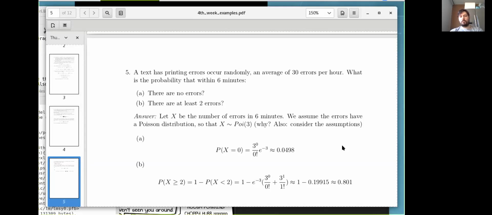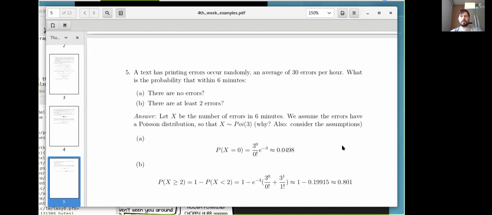3 to the 0 over 0 factorial, that would be 1, plus 3 to the 1 over 1, that's 3. So that's e to the minus 3 times 4. And it comes out at 0.19915.